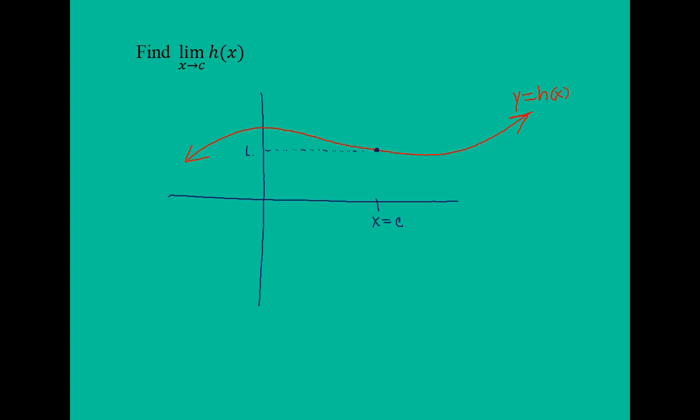Now, if we looked at a function like y equals the sine of x over x, let's say we tried to find the limit of the sine of x divided by x as x approaches c.